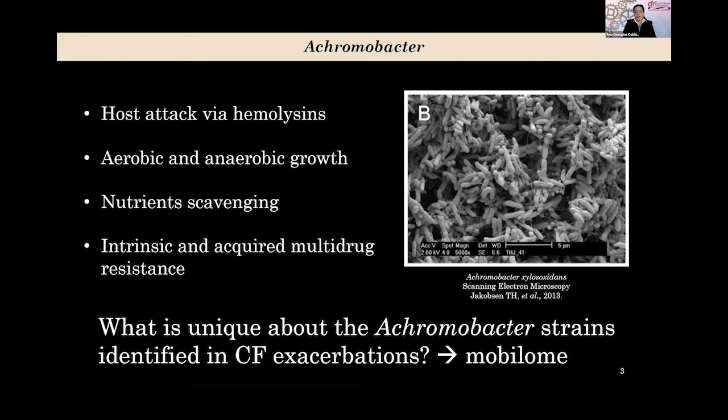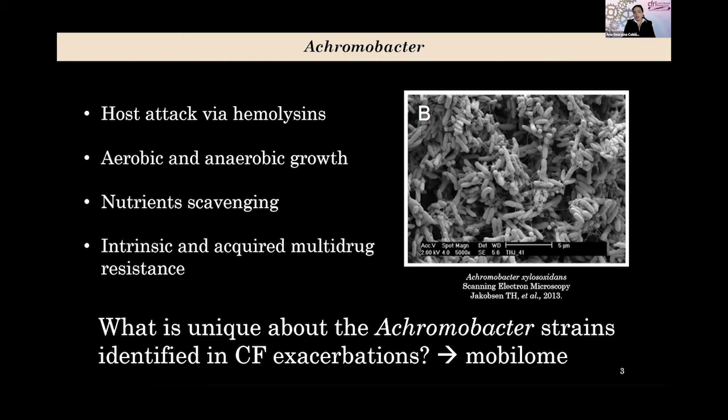It has intrinsic and acquired multi-drug resistance, which means several efflux pumps are present in the genome. And the thing that we think is why it's making the CF exacerbations so bad is that it encodes hemolysins, which are proteins that will directly attack the host tissue.